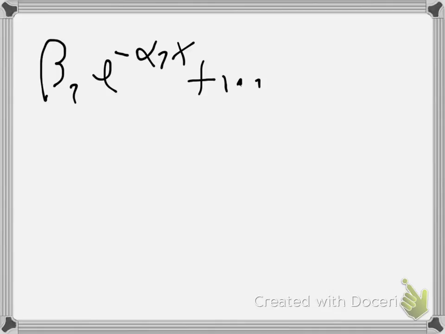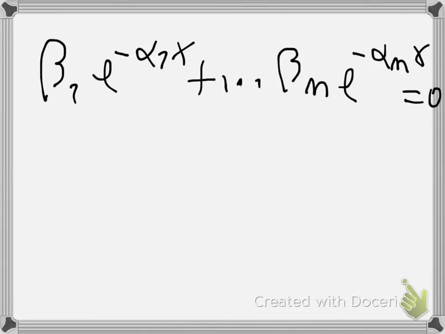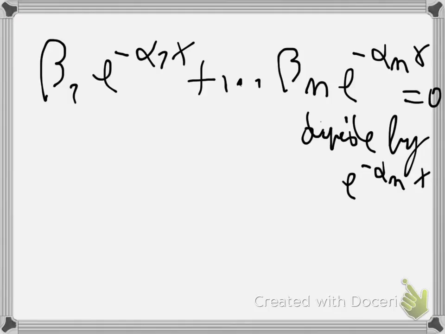Well, let's just rewrite. Beta 1 times f1 of x is e to the negative alpha 1 x plus, and so on, until beta n times e to the negative alpha n x. And that should be equal to 0. What will we do? We will divide by e to the negative alpha n x.